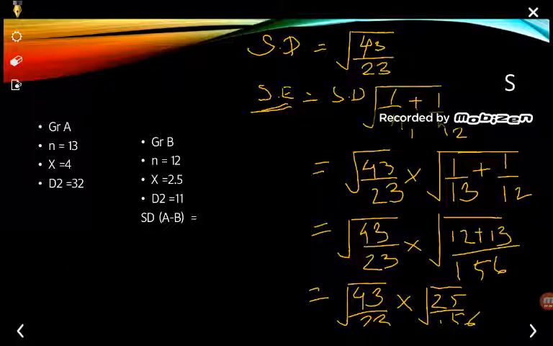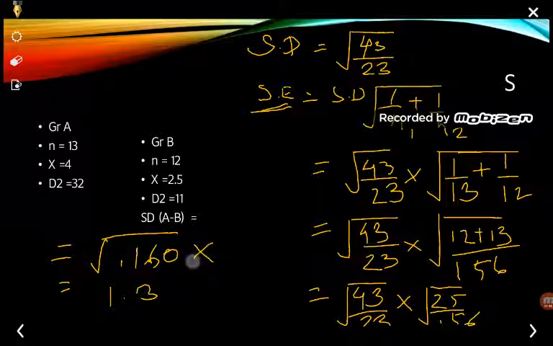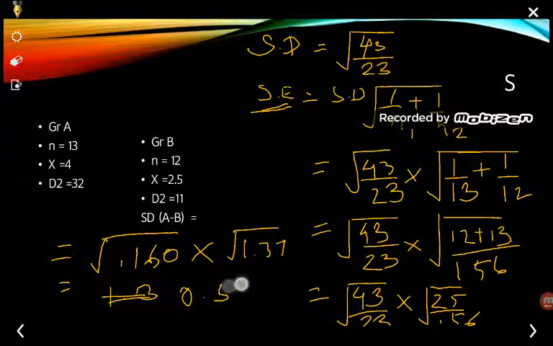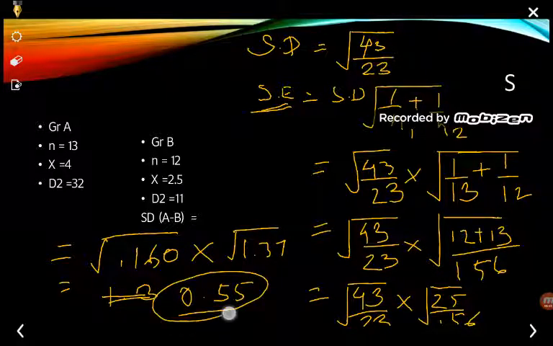So the whole value will be equal to the square root of 0.160, that will be equal to 1.37. This into the square root of 1.37, the value will be equal to 0.55. So this is nothing but the standard error.